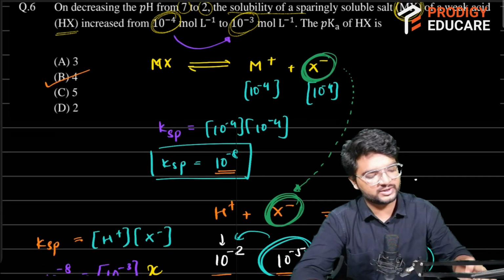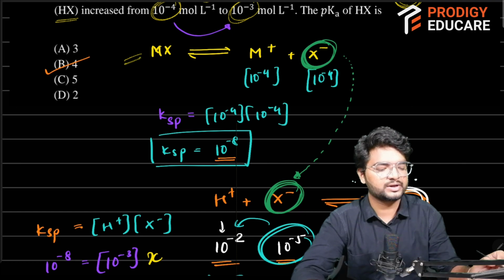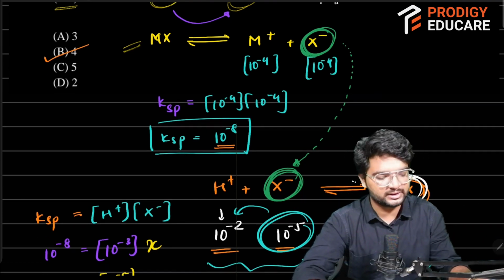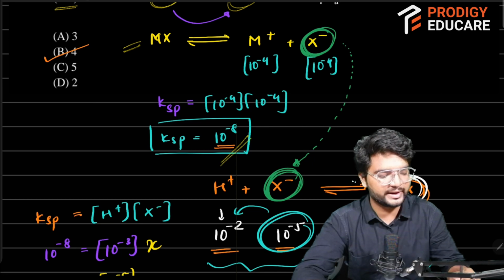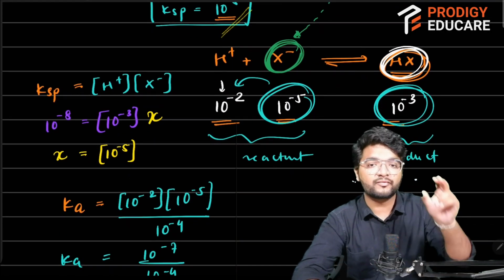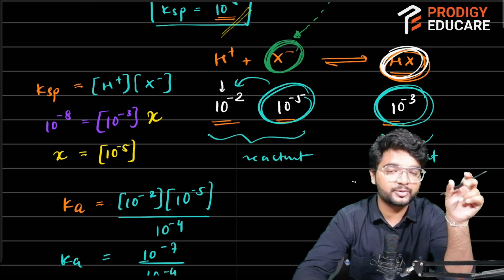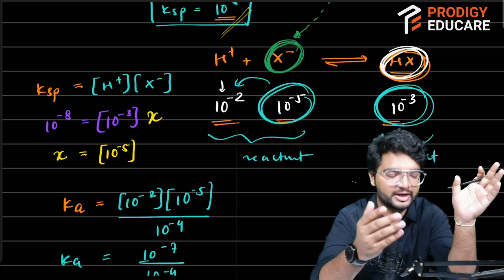I hope you have understood. Starting off, we started with the concentration of MX, which dissociates into M plus and X minus respectively, and then we calculated the KSP value, which we got as 10 raised to minus 8. Then with that KSP value, we considered the solubility products of H plus and X minus, which ultimately form HX.